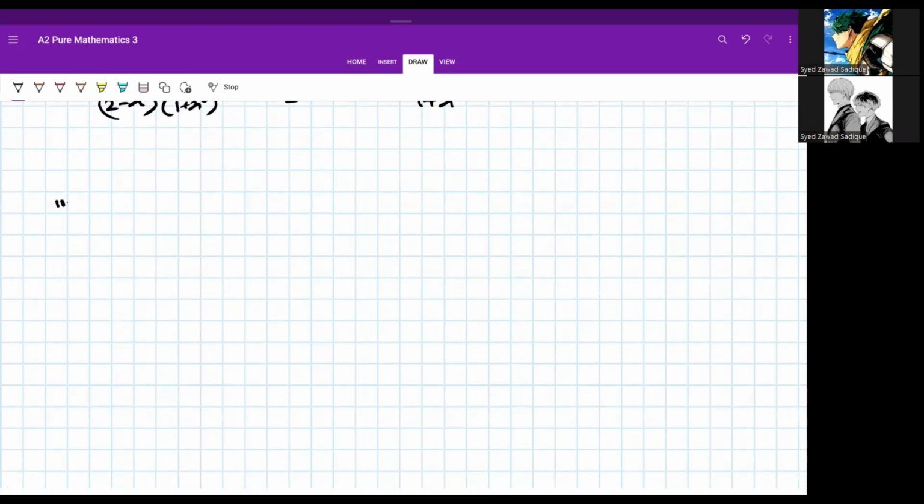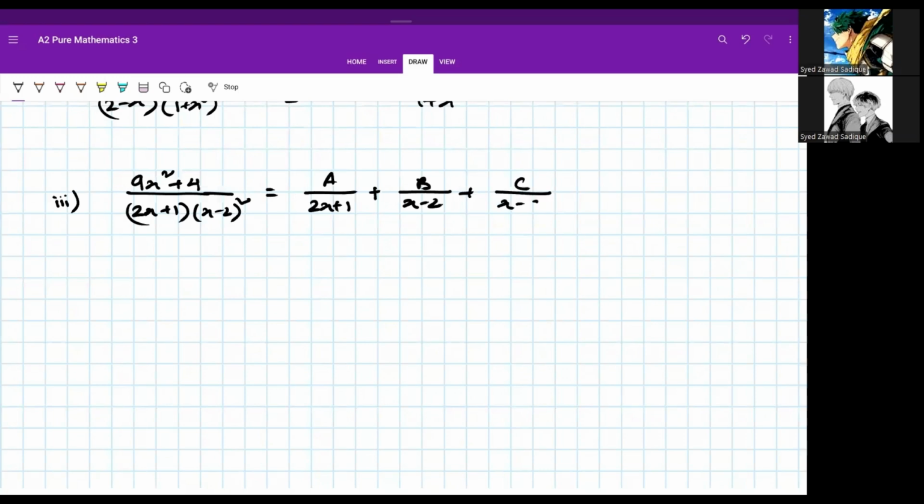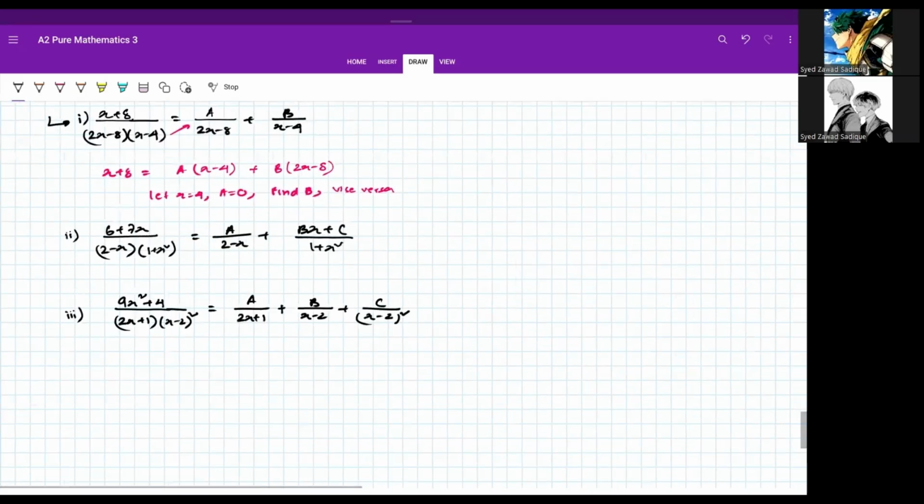Now, if it is in the format (9x² + 4)/((2x + 1)(x − 2)²), you say A/(2x + 1) plus B/(x − 2) plus C/(x − 2)². And using this method, you solve it.